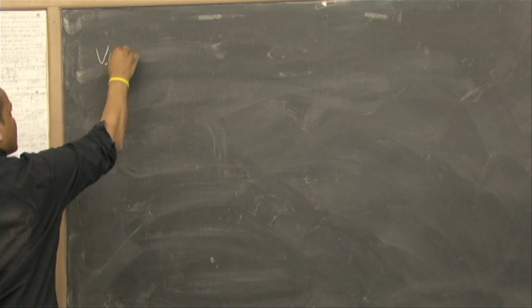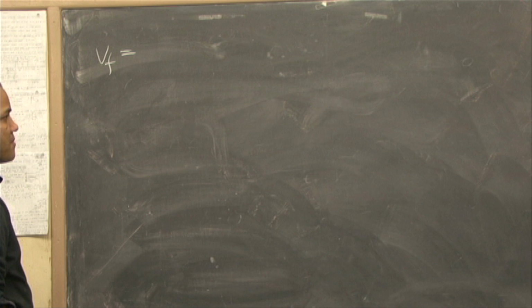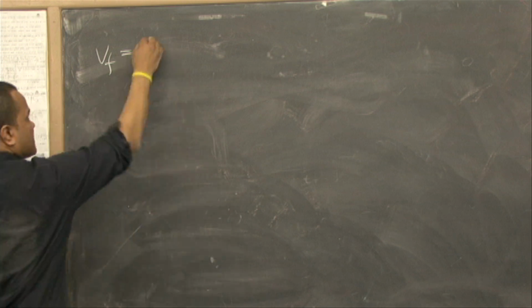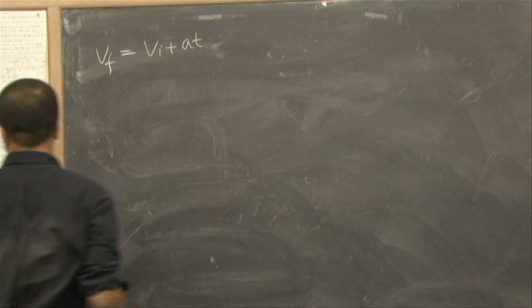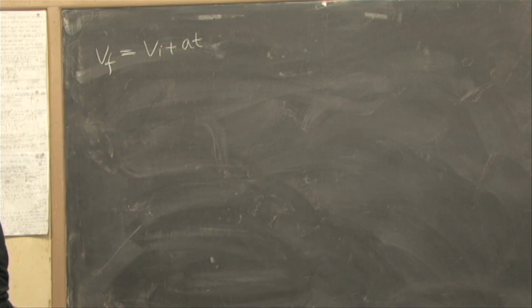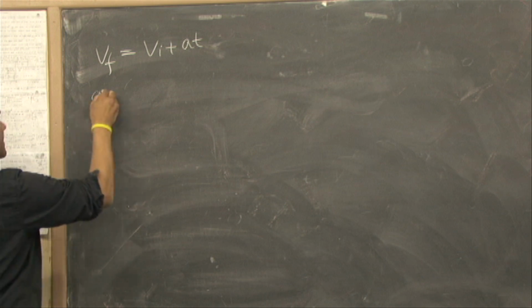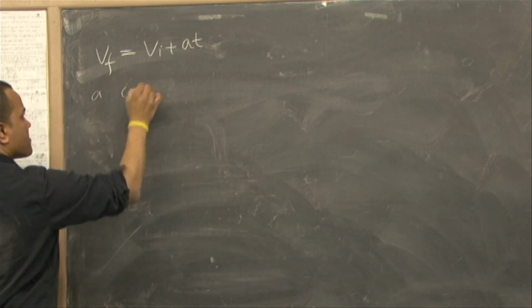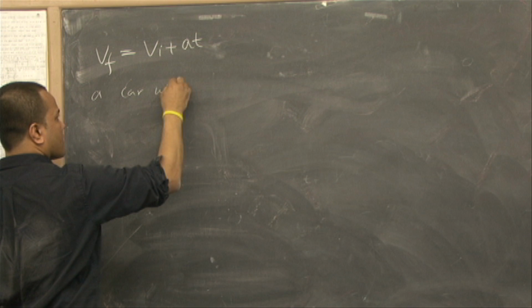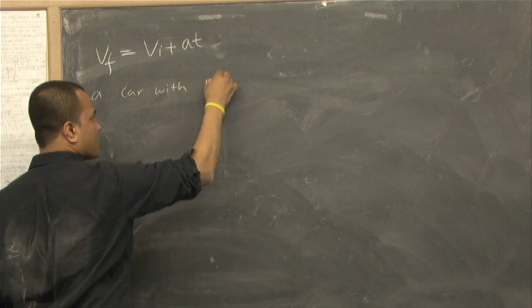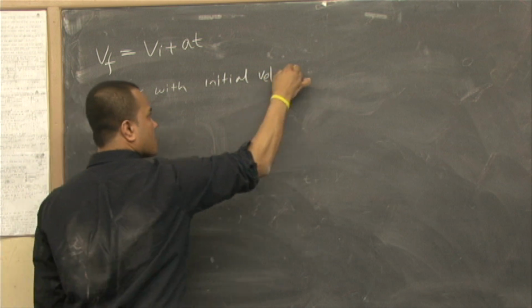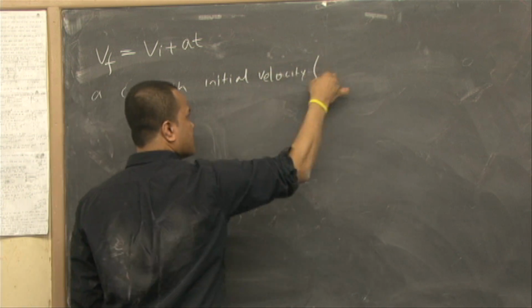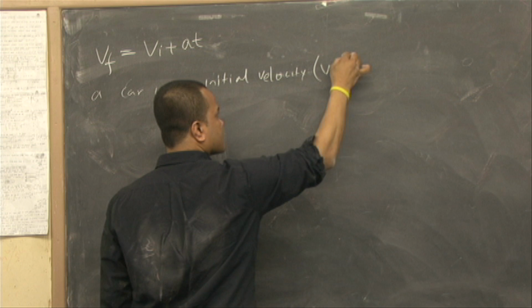This time we try to understand that the final velocity is initial velocity plus at. So a car with initial velocity, next time we're going to write initial velocity like this.